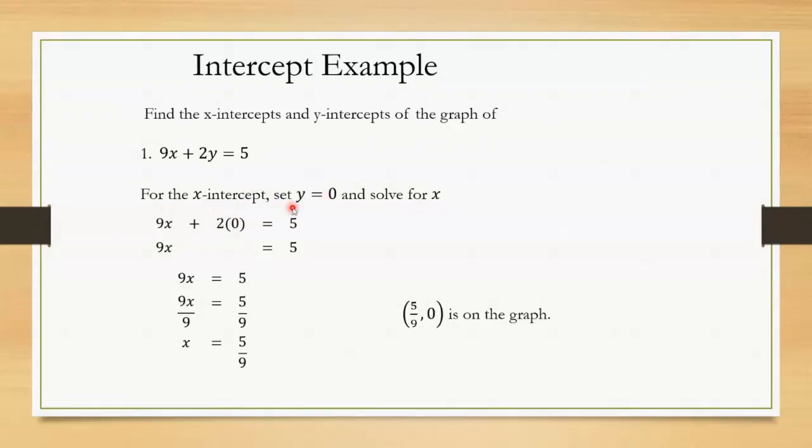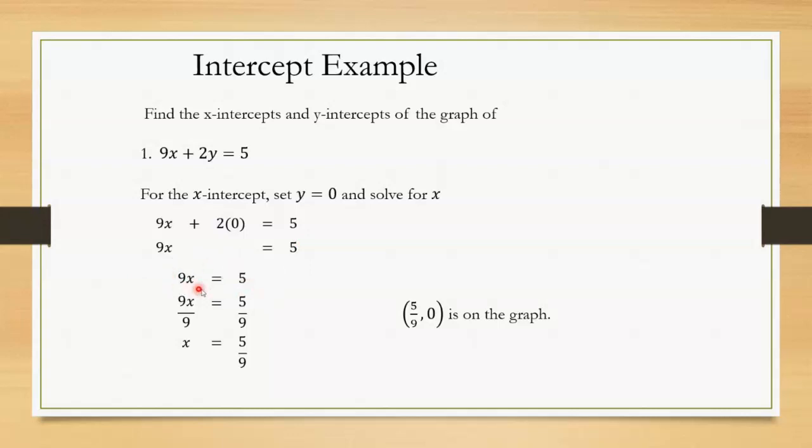So for that, we're going to set y to be 0. The other variable, y in this case. So we replace y by 0, and the 2 times y, well, that's gone, right? All we're left with is 9 times x equals 5. So that's what we have here.